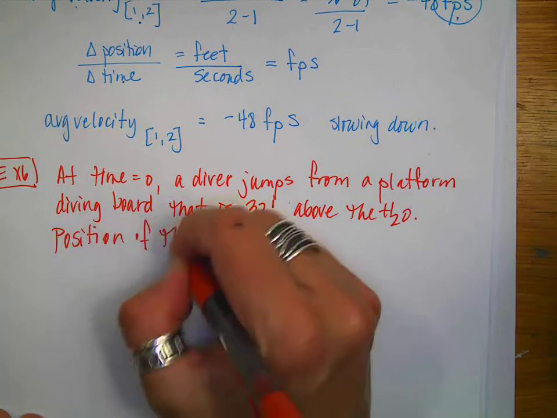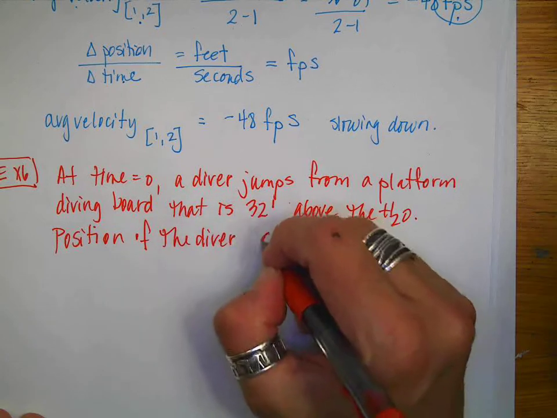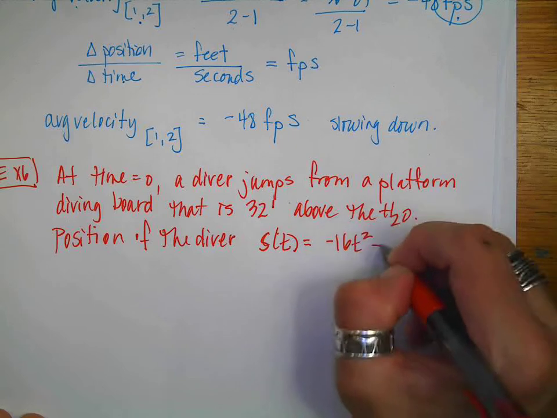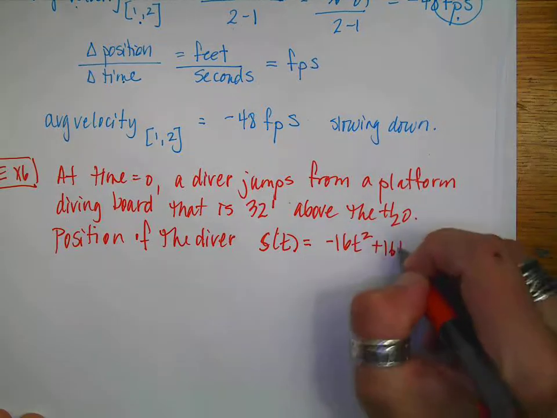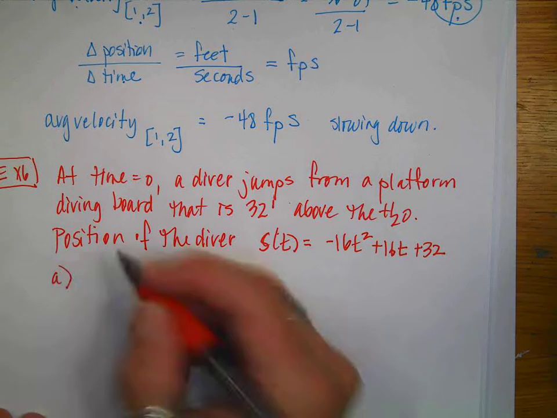The position of the diver is s of t. s of t is equal to negative 16t squared plus 16t plus 32.